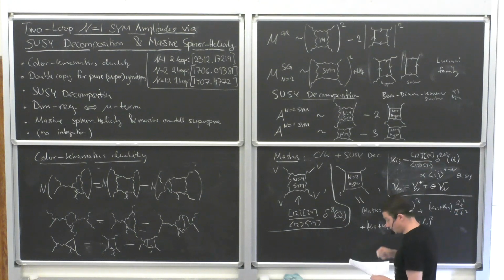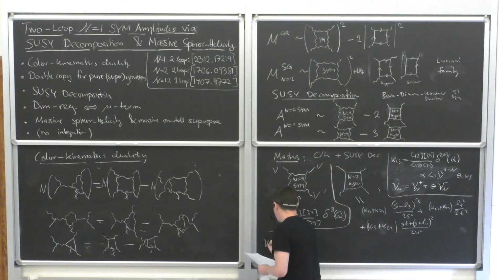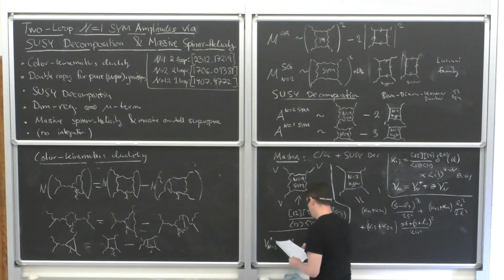And maybe I should also define what V, n equals 2, plus is. So this is just the gluon plus a fermion, something like this, plus a scalar.